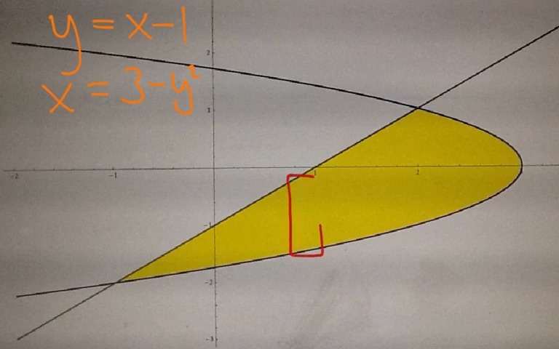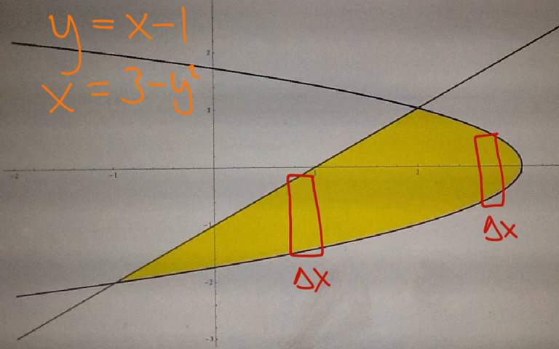hopefully you can see that if I draw a rectangle over here with delta x, and then a rectangle over here, and here's delta x, we have two different bounding functions. On the rectangle on the left, we have the linear piece on top, and we have the lower part of the sleeping parabola on the bottom.